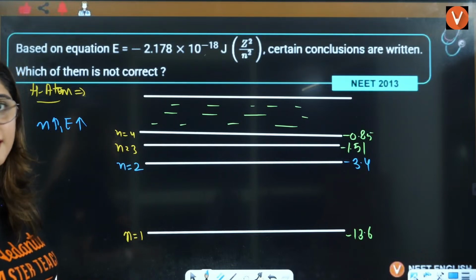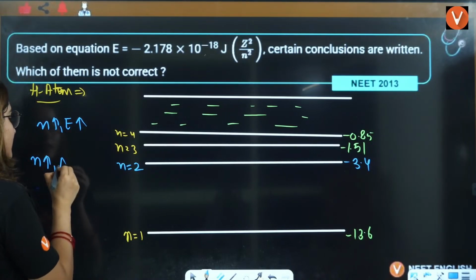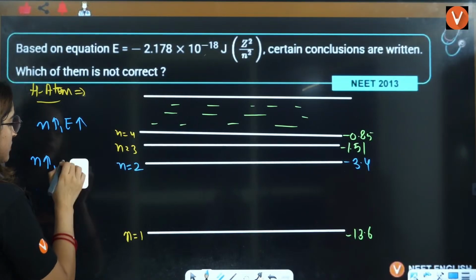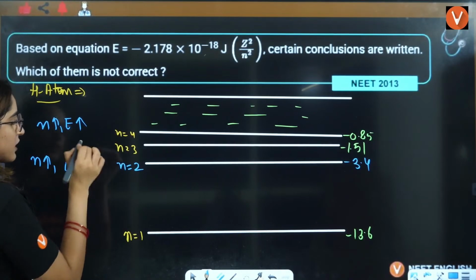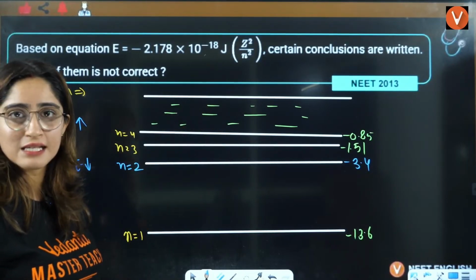I am talking with sign. So, can we say that as n is increasing, delta E, that means the change, is decreasing? The change is becoming less.